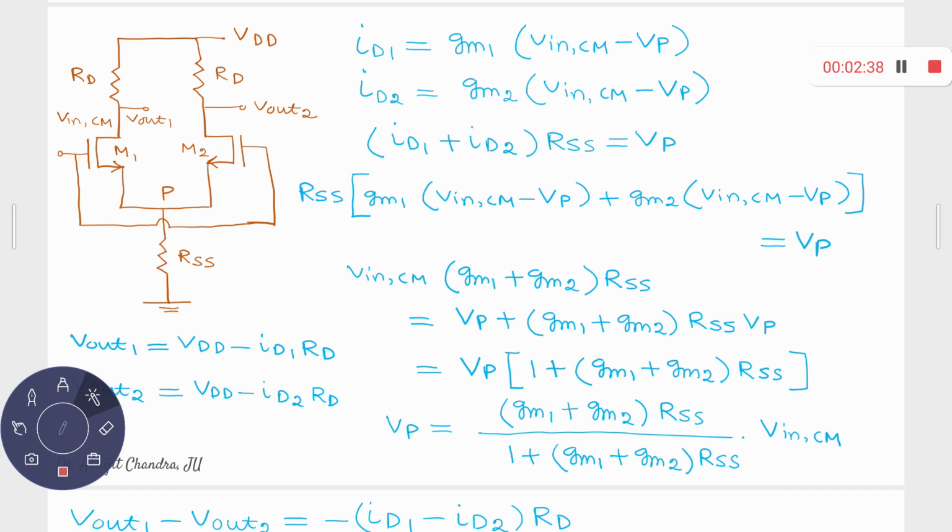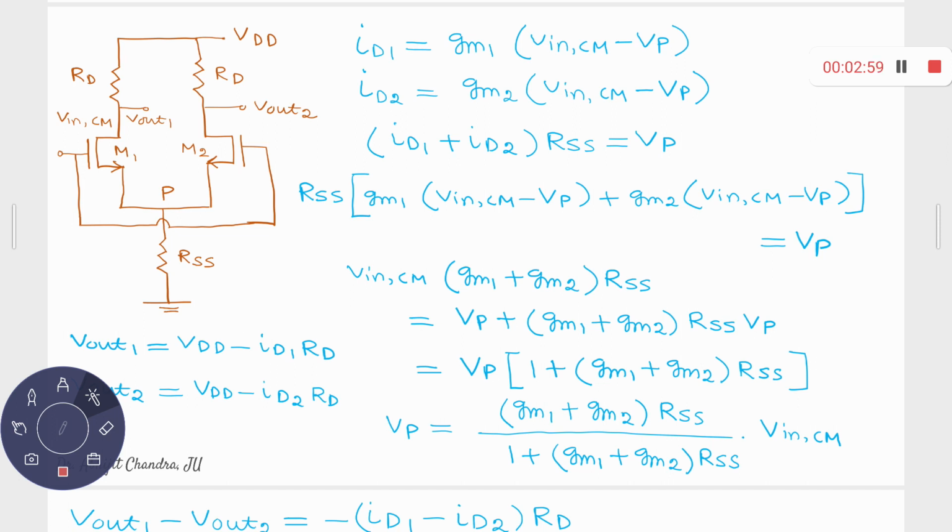They are not the same. And suppose the tail current source is not ideal. For an ideal current source, the resistance is infinite, but for a non-ideal current source, suppose a non-infinite resistance RSS is present over here.